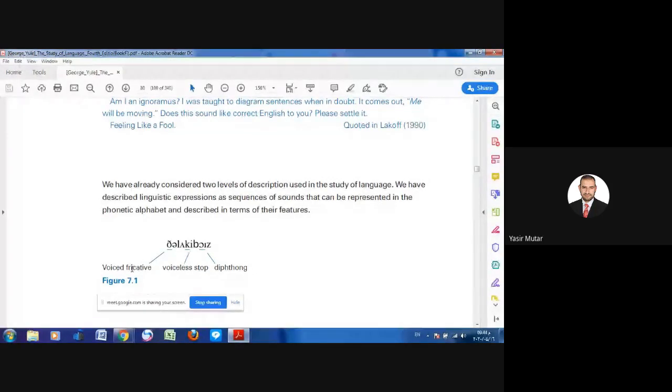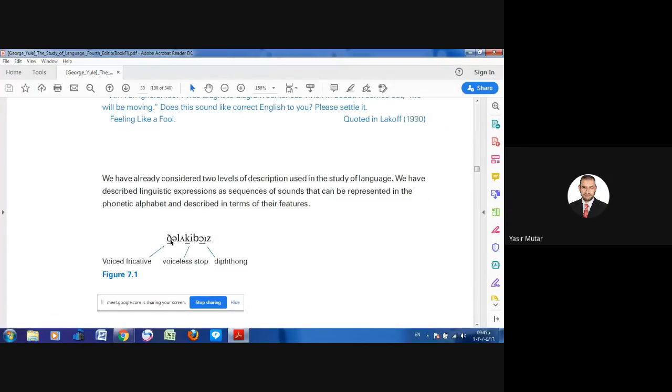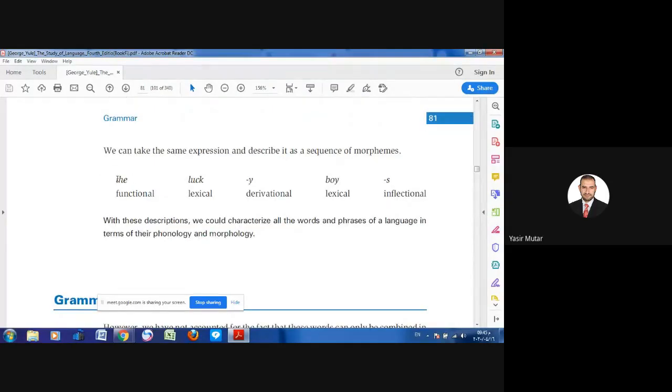Here, for example, it is a voiced fricative, a voiceless stop, and this is a diphthong. This is the sound of sentences. Then, the lucky boys phonetically transcribed, and this is the same phrase.